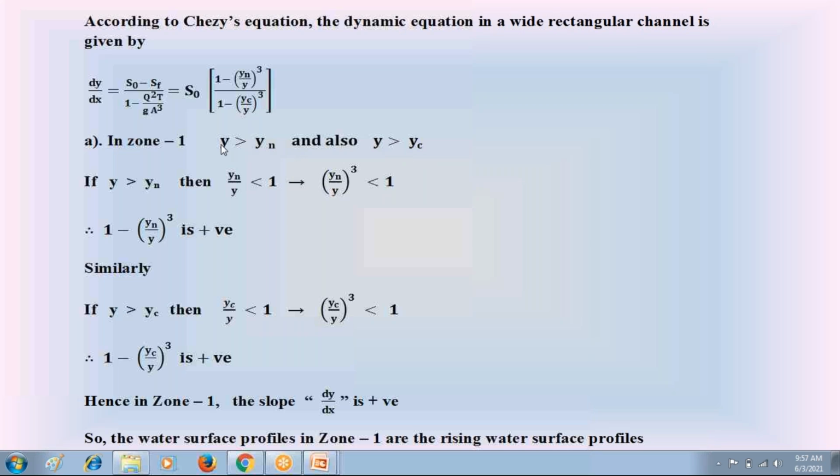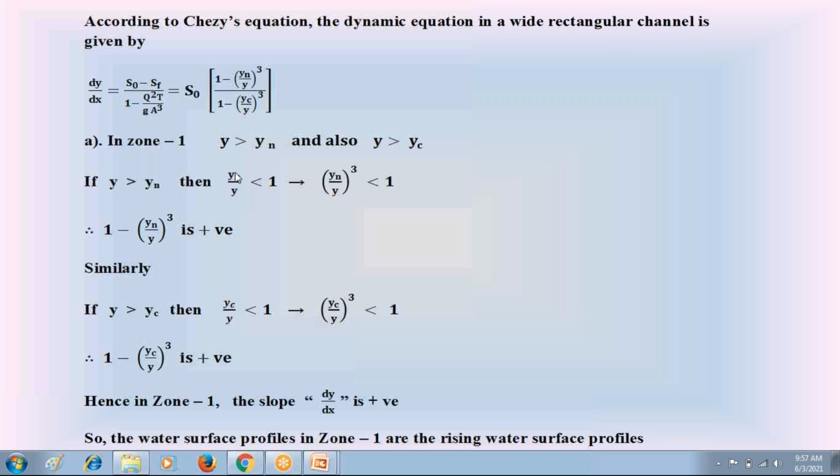Now check. If Y is greater than Yn, what happens to this ratio Yn by Y? I explain these steps in detail for your understanding. Go through them carefully. If Y is greater than Yn, then Yn by Y is less than 1.